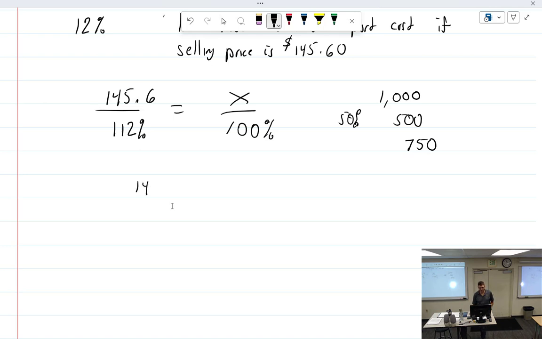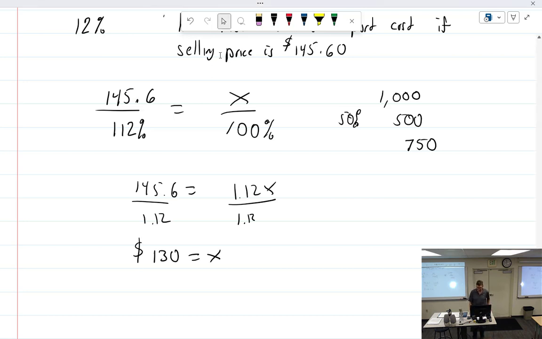So it's 145.6 equals 1.12x. Divide both sides by 1.12. So yes, $130. 130 equals x. They paid 130.